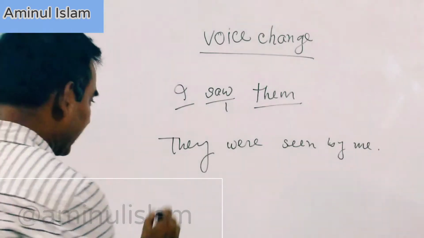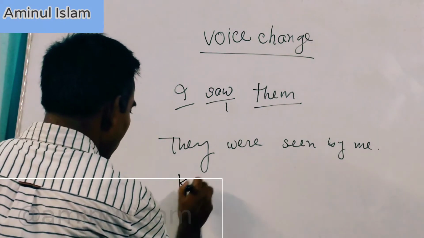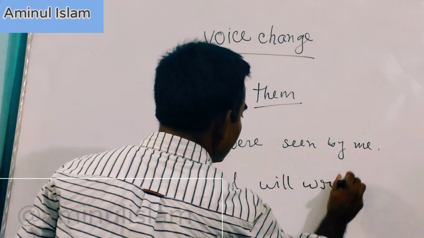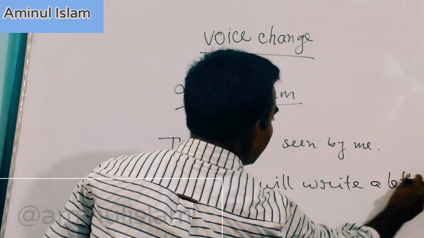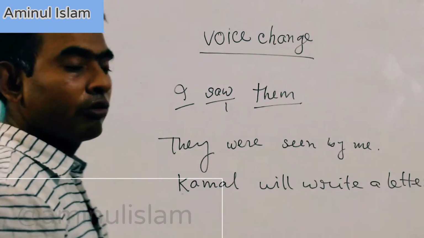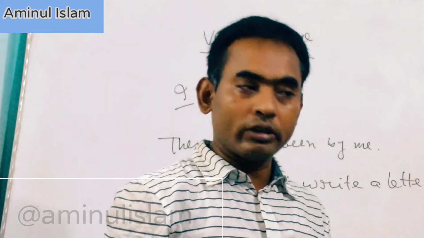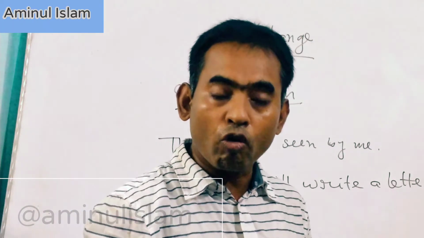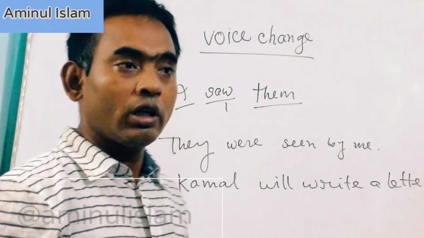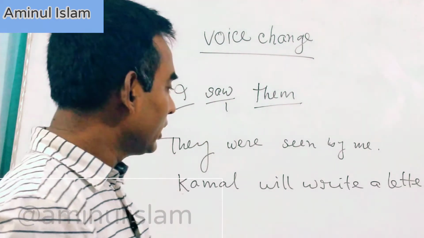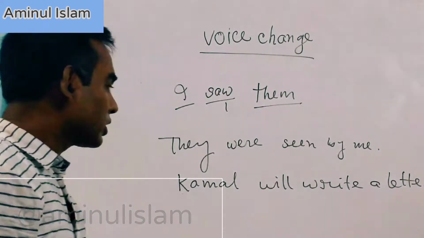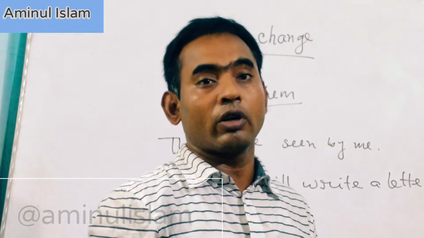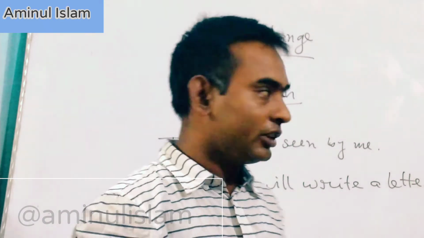And in this way, I can write another sentence. Kamal will write a letter. Students, for your sake, I would like to inform you that when you find a modal auxiliary in active voice, you have to add be after the modal auxiliary.